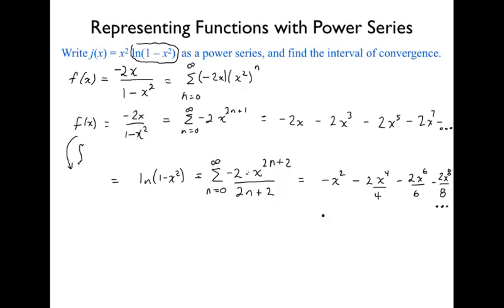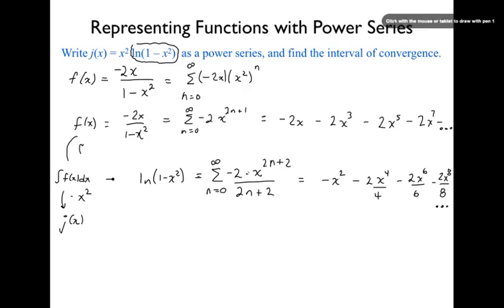Okay, so now we're ready to write what function j is. What's function j? So what are we going to do now to that to get function j? Times x squared. So I should have, it'd be easier to see. I just wrote, this step is integral f x dx.